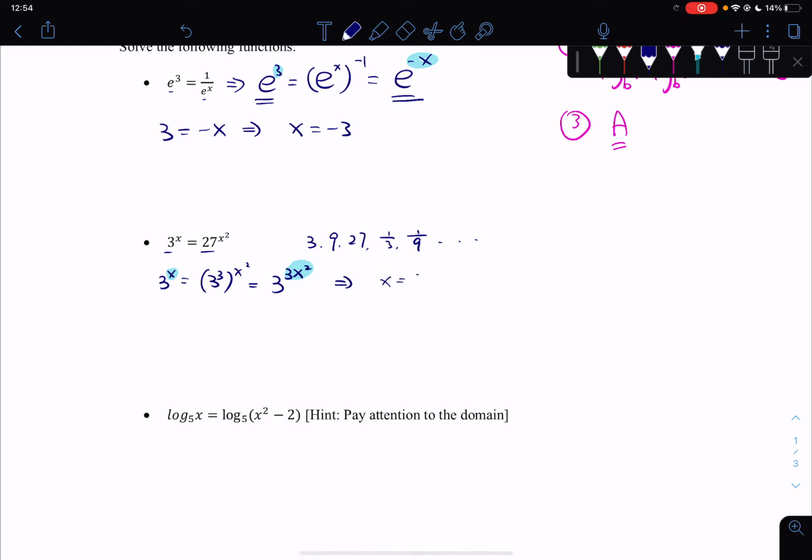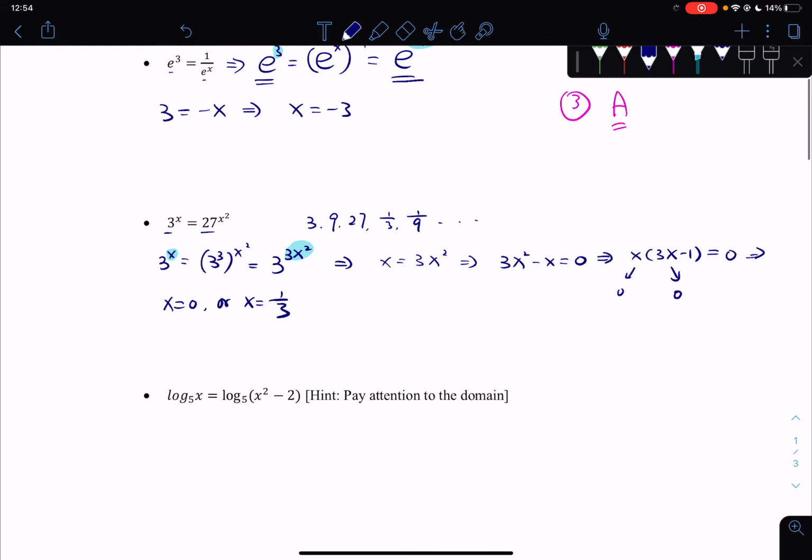So x must be the same as 3x squared. It's a quadratic function. The intuitive way of solving it is to factor it. I do not encourage canceling out x from both sides because you have no idea whether x is 0 or not. So your final answer is either x is 0 or x is 1/3, because those two factors can be set to be 0. Therefore, x is 1/3 and x is 0.